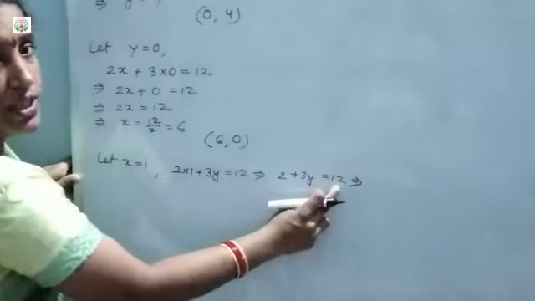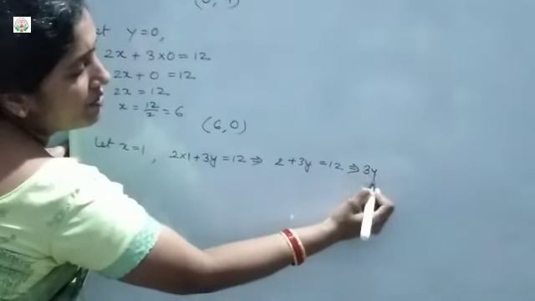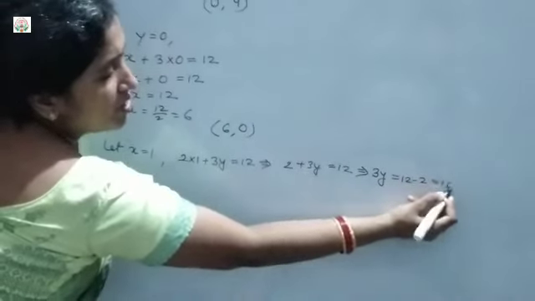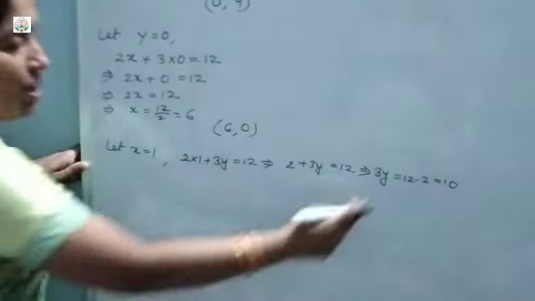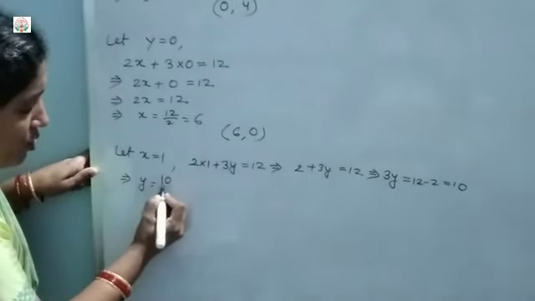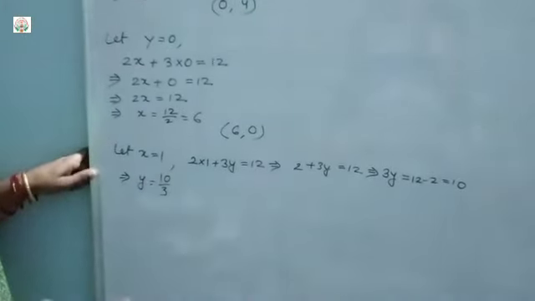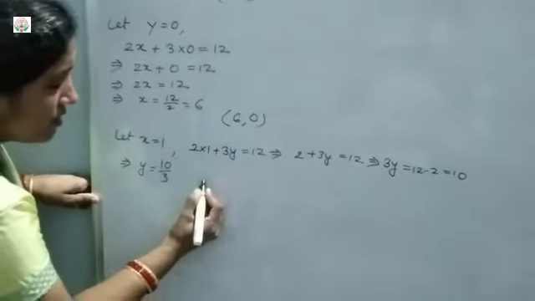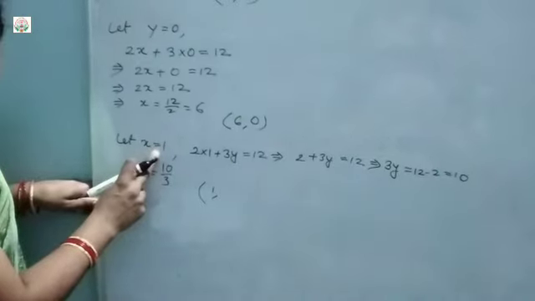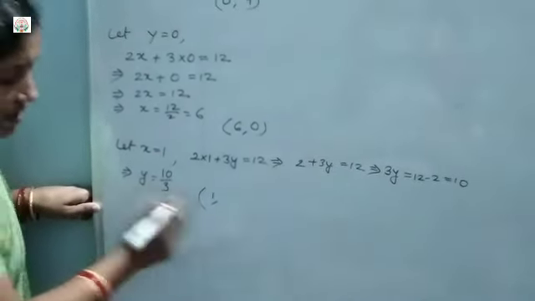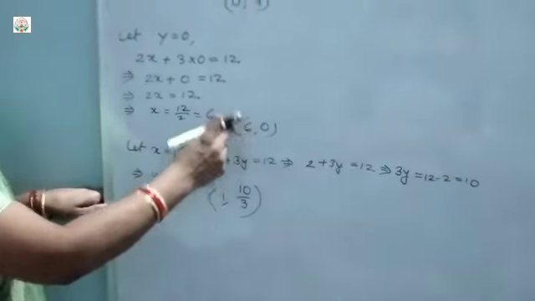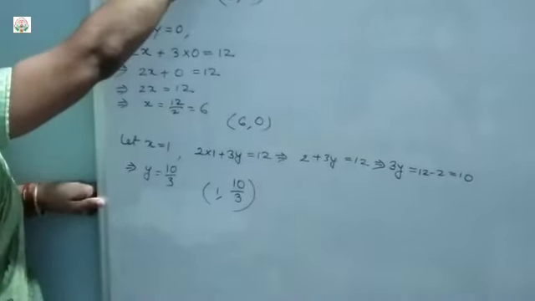Take this value over that side. So it will be 3y = 12 - 2, which is equal to 10. Now my y value will be y = 10 upon 3. So my next solution: x value is 1, and y value is 10 upon 3. So this is also one of the solutions for the same linear equation.